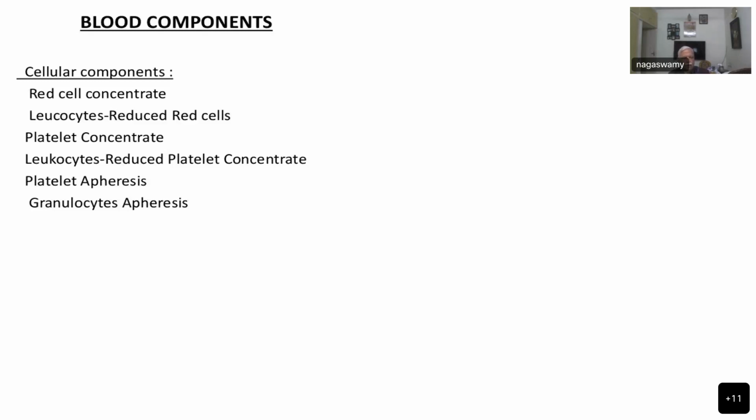Then, of course, platelet is another cellular component in the blood that you can separate out. When you take the platelet, the normal platelet concentrate will have some WBC also. That can be removed and you can have a very pure platelet concentrate.